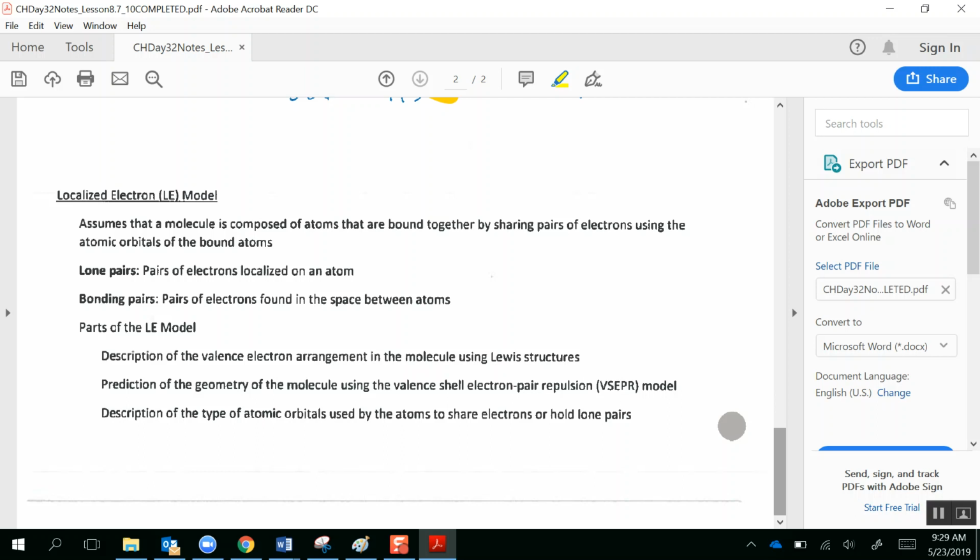A lone pair occupies more space. It has more repulsion than a bonding pair. And so that's why, as we go through the VSEPR structures, you'll see why the molecules have the three-dimensional shape that they do.